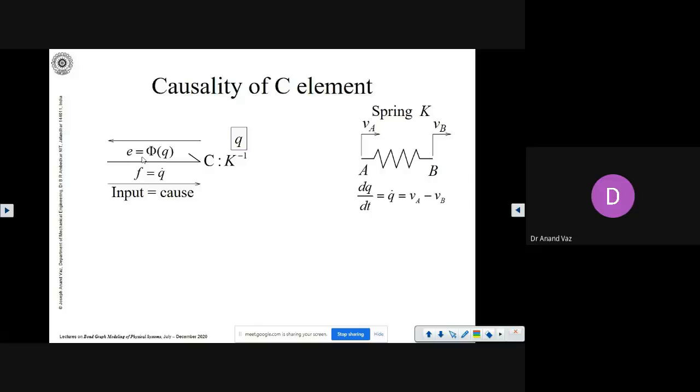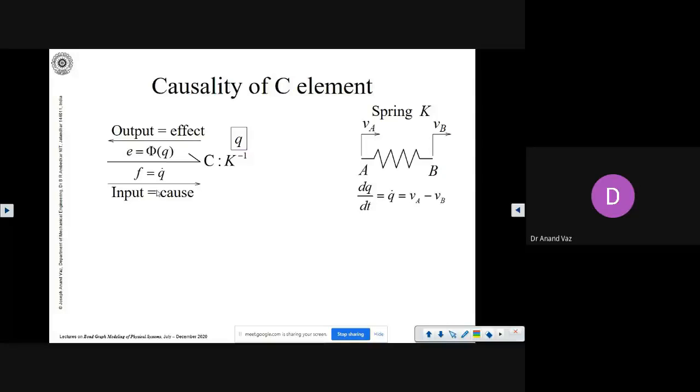Its output is effort, a function of the generalized displacement. So what does the spring do? It takes the input, integrates it, determines the state associated with the spring, and then produces an output which is a function of this deformation, which is its state. So this is the input output relationship corresponding to the C element.